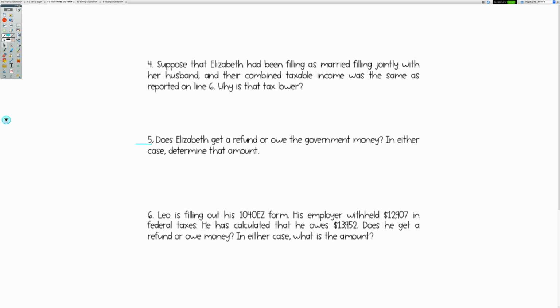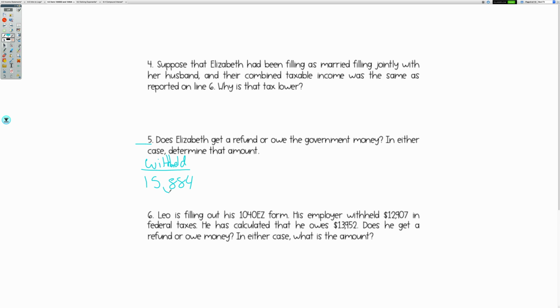So remember, withheld is what your bank or your employer has been holding back from every single paycheck. So that number that was withheld on the W-2, there's 2 H's in withheld, is 15,000 something, right? 884.